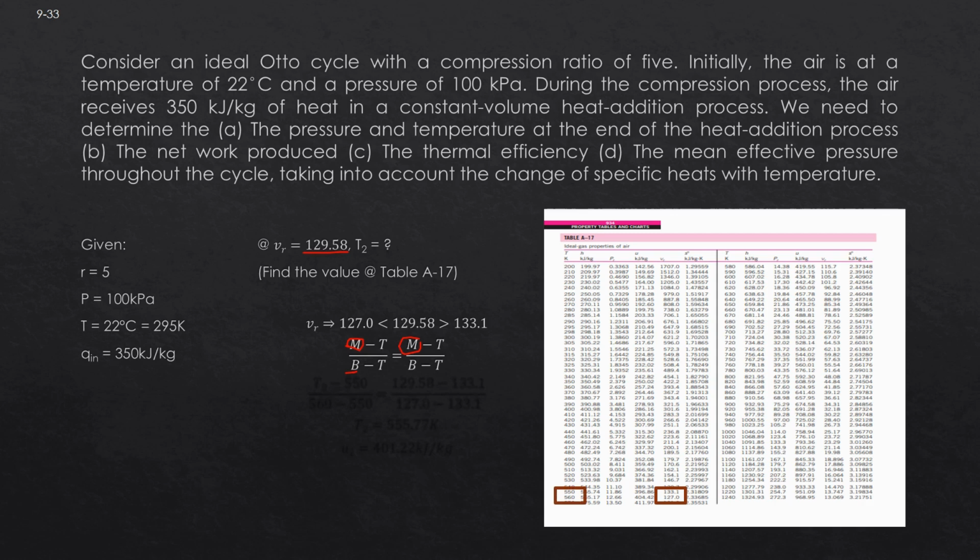Plugging this into our equation, we have the temperature at state 2 minus the top temperature, 550, over the below temperature 560 minus the top temperature 550, equals our middle vr, 129.58, minus the top vr 133.1, over the below vr 127.0 minus the top vr 133.1.